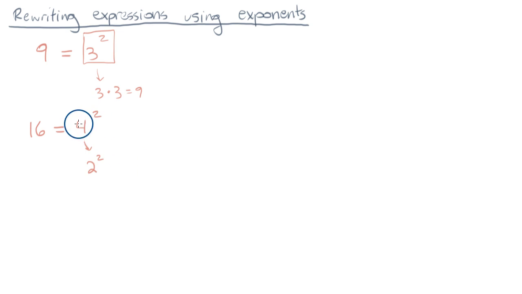And so when we have 4 squared, that really means we have 2 to the second power times 2 to the second power. And using exponent rules, we add these exponents, and we get 2 to the fourth power, which is the same as 16.